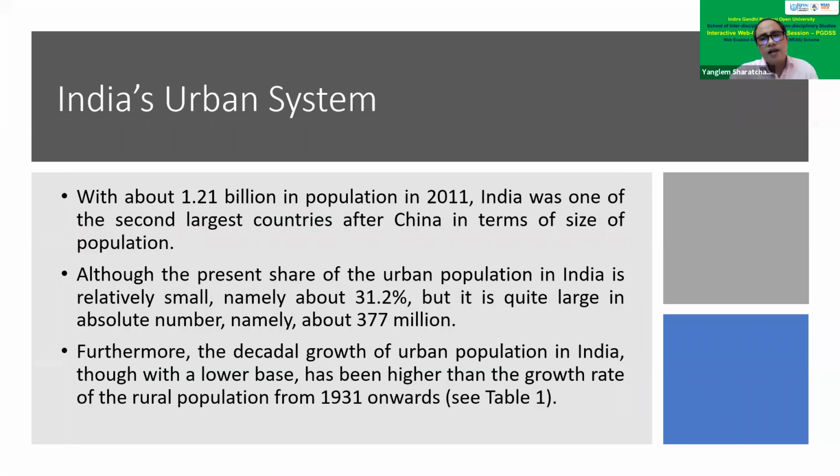These are some of the challenges. Then let us have a quick look at India's urban system. India had a population of 1.21 billion in 2011, and was the second largest country after China in terms of population size, as we know. And 31.2% of our population is in urban areas. In the global context, it crossed 50%, but in India we have only 31.2%, right?